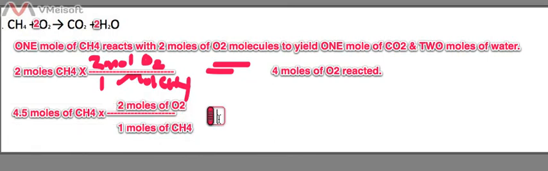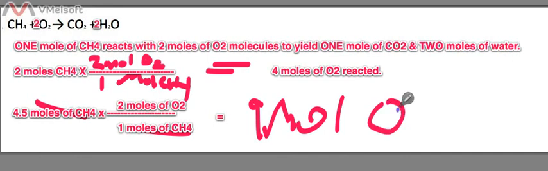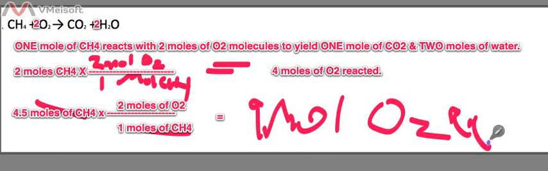So, what's that going to end up equaling? If you cross out the units, we end up with 9 moles of oxygen reacted, okay?